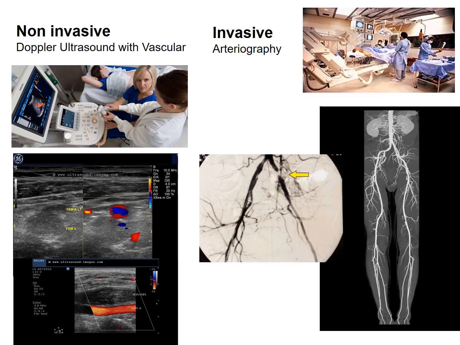The Doppler ultrasound is non-invasive; the injection of dye is the angiogram, or arteriography. You can also do venography, right? You can inject arteries and look at arterial flow, and you can inject veins and look at venous flow. That would be considered invasive due to the penetration into the vasculature.